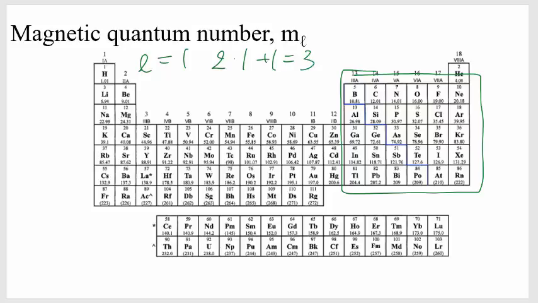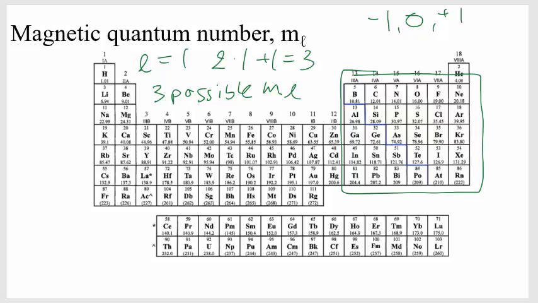That gives us 3, so there's 3 possible M sub L values. Those include 0 and go in either direction from there, so we have a -1 and also a +1. Those are the 3 possible M sub L values for the elements in this green box here.